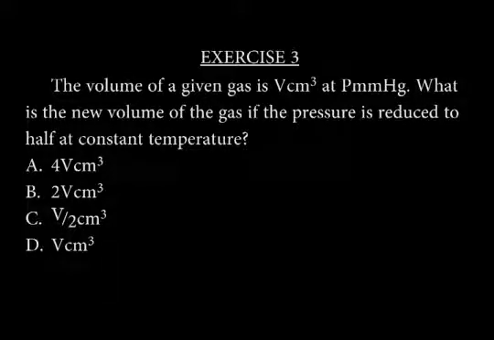A, 4V centimeter cube, B, 2V centimeter cube, C, V over 2 centimeter cube, and D, V centimeter cube. The correct option is B, 2V centimeter cube. And this is because as the pressure is reduced by half, the volume is increased by 2.